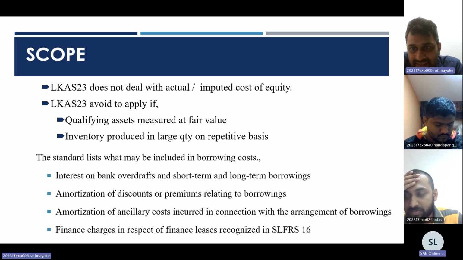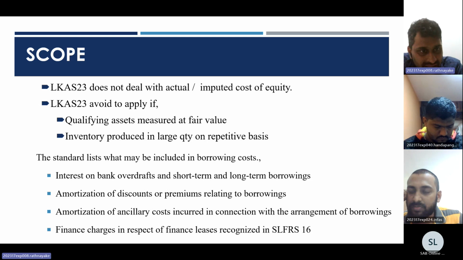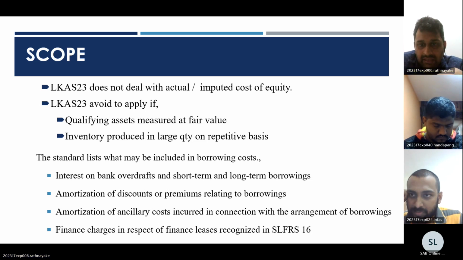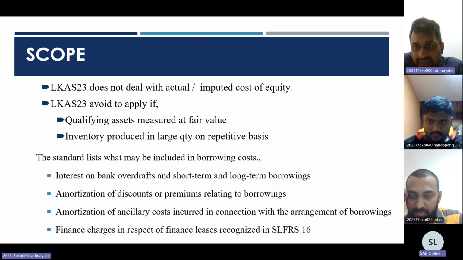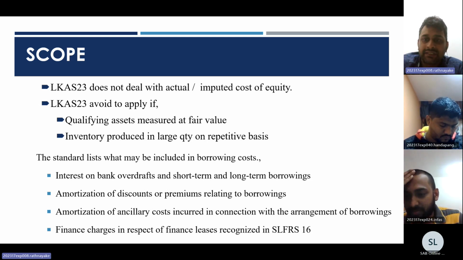These are called ancillary costs, additional expenses to arrange these borrowings. Next, we can include the amortization of discounts or premiums related to our borrowings, which is accounting for extra costs spread over the loan period.